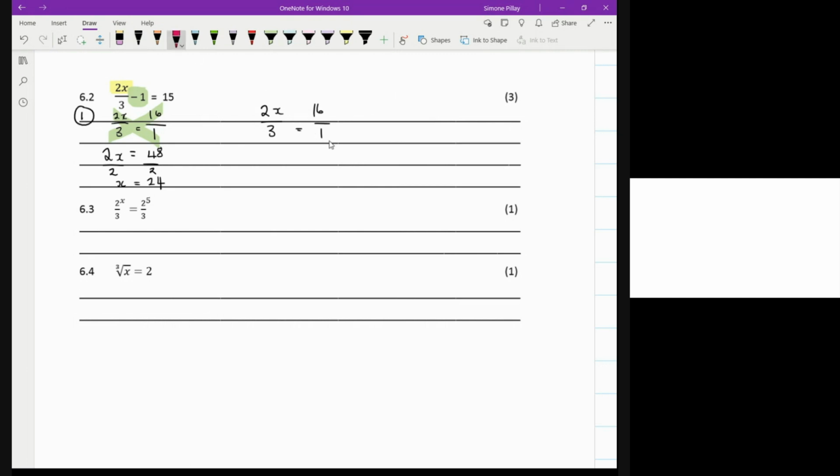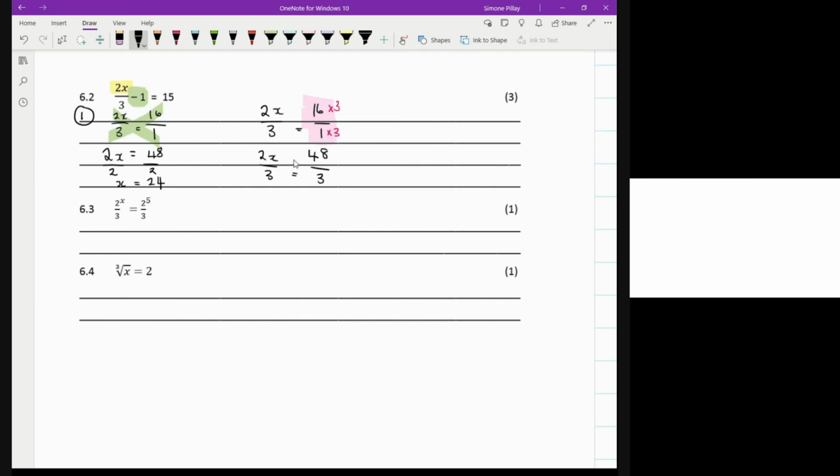So if I want to get this fraction over here to have the same denominator as the other one, which is 3, I'm going to multiply this by 3. But now remember, what we do on the bottom, we must do on the top. And we are then going to say, well, this is 2x over 3, which equals 48 over 3.